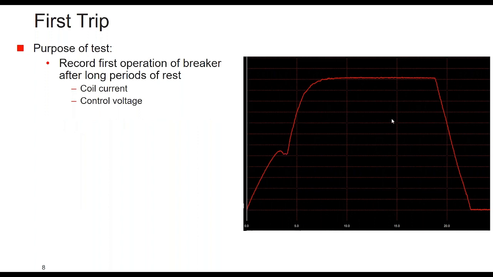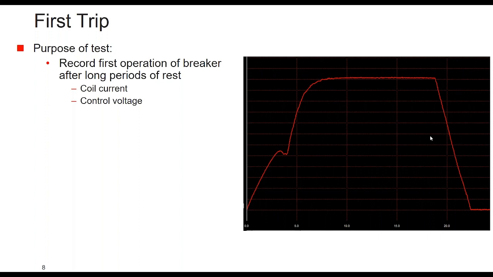Each jump, or the time for it, indicates a certain period of the operation of the breaker. The first jump is related to the coil itself, and the second jump is related to the mechanism. We will see that in further detail in the next slides.